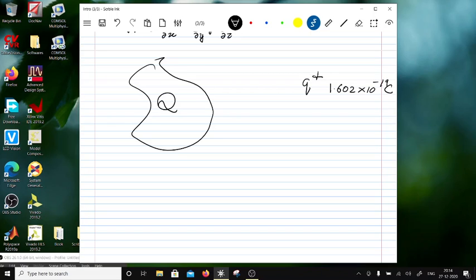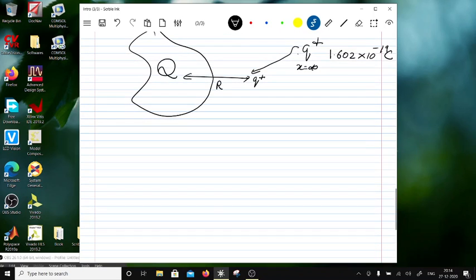If I move that point from infinity to a point, let's say r, the amount of work you do in this will be called potential. This potential is irrespective of the path you take. You can come by many paths, but whenever you are at a distance r, you would have done a certain work, and that will be constant irrespective of the path you have taken.